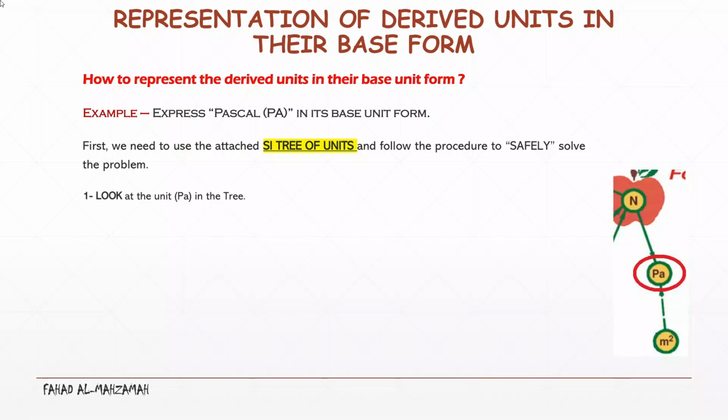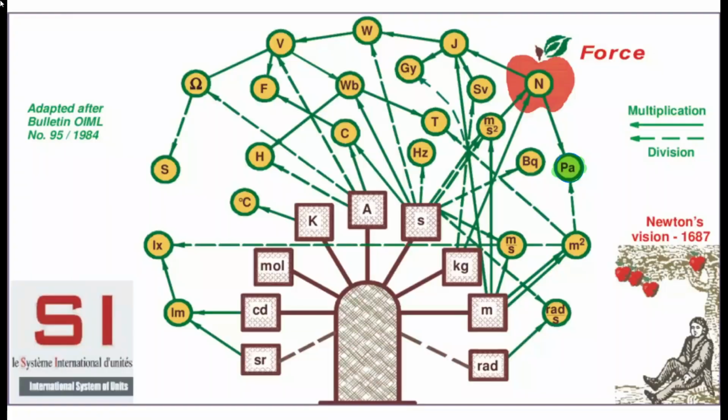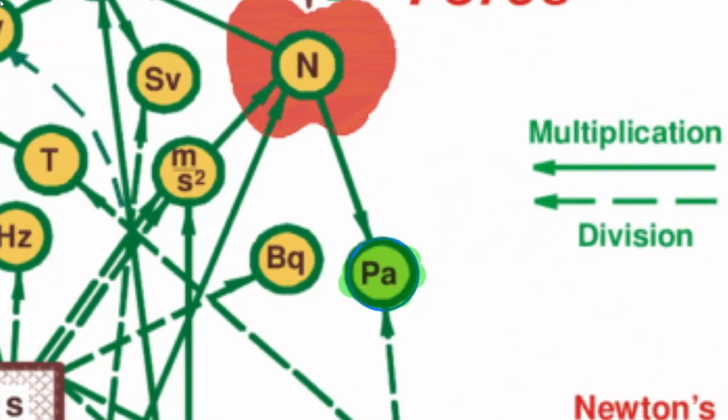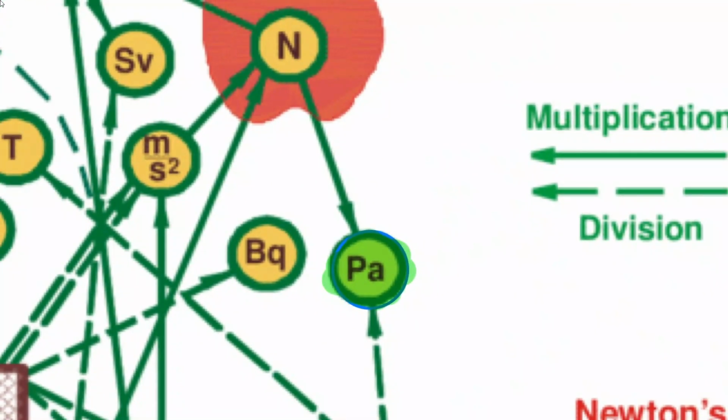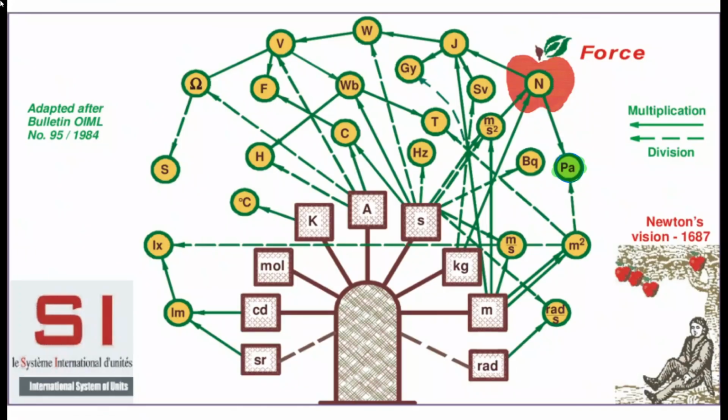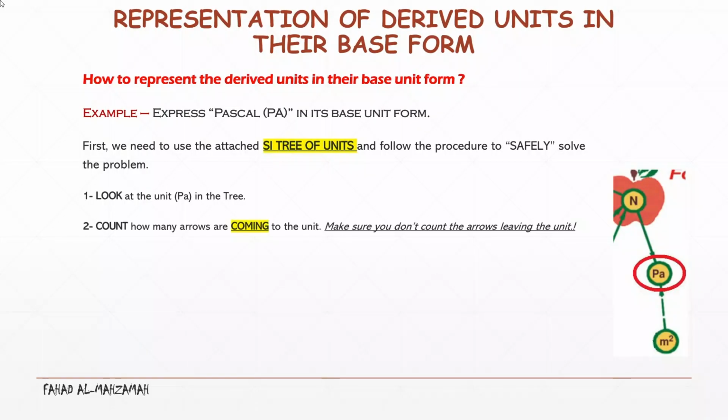First, it says look at the unit Pascal in the tree. If you have the whole tree, what you are going to do is look directly at Pascal. Next step, it is very important: count how many arrows are coming.